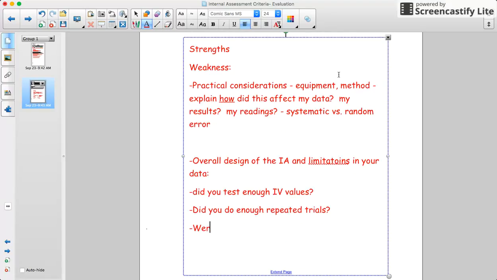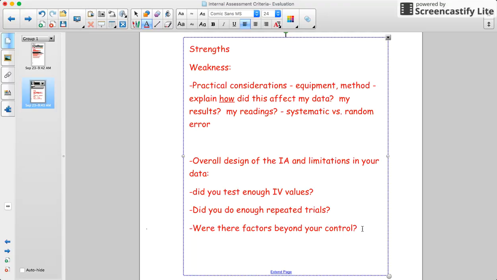Were there factors beyond your control? Like especially with biological specimens, if you're testing things about fruits or foods and things like that, there's so many different things that could go into those different fruits. You have no real way of knowing if they were all grown in the same conditions, in the same place, things like that.